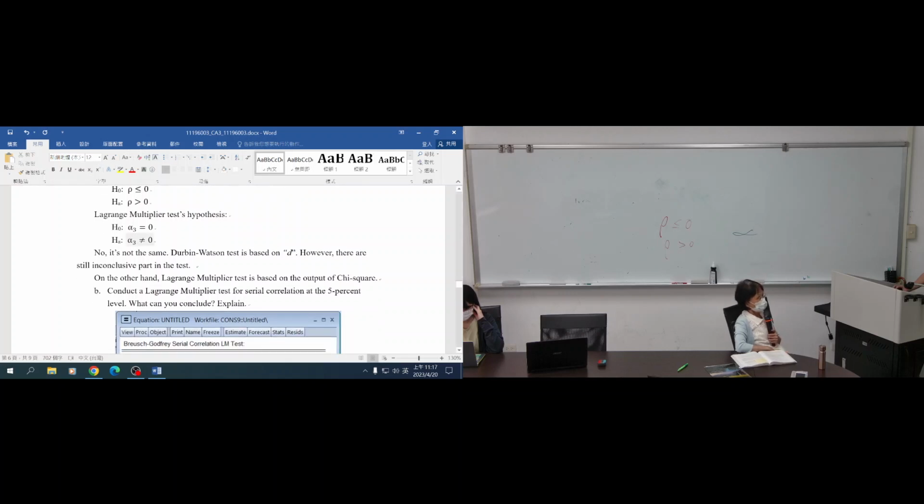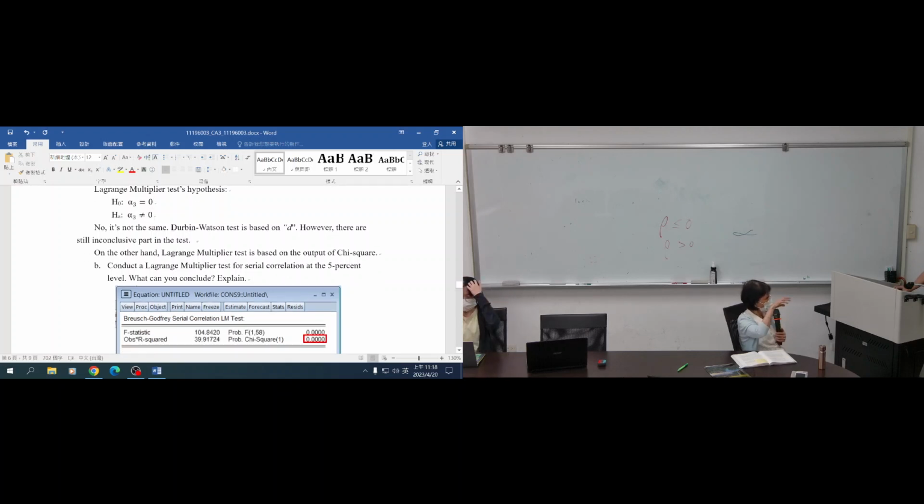You mean here I can write in words? Yeah. Since we are testing serial correlation, there are two methods. One is called Durbin-Watson. The other one is the Lagrange multiplier test. The output is the LM test statistic, which is 38 or 39 something, and the probability of chi-square exceeding 39 something is very small, close to 0.